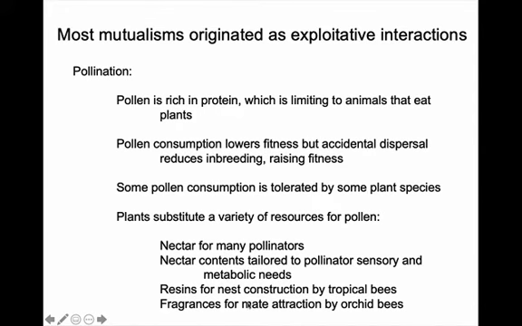A second thing that is really common is substituting an oily fragrance, which allows mates to find one another. And most orchid-pollinating bees are collecting fragrances. They're not collecting pollen, and orchids do not provide nectar.